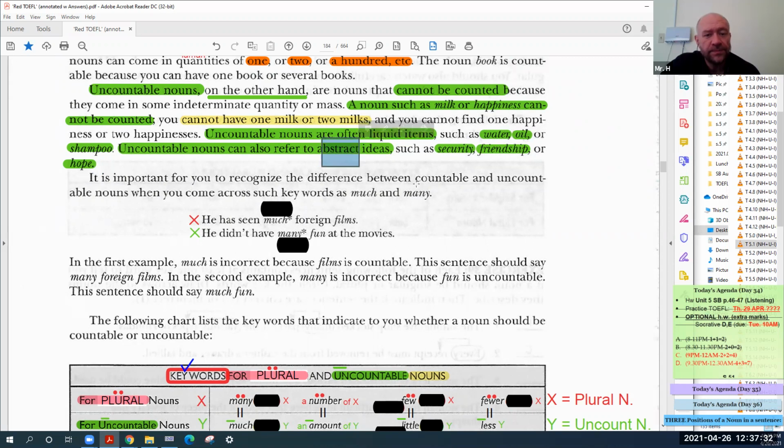Abstract is something you can't see or touch. It's something that you can't see or touch, and it's usually something that's a complex idea.